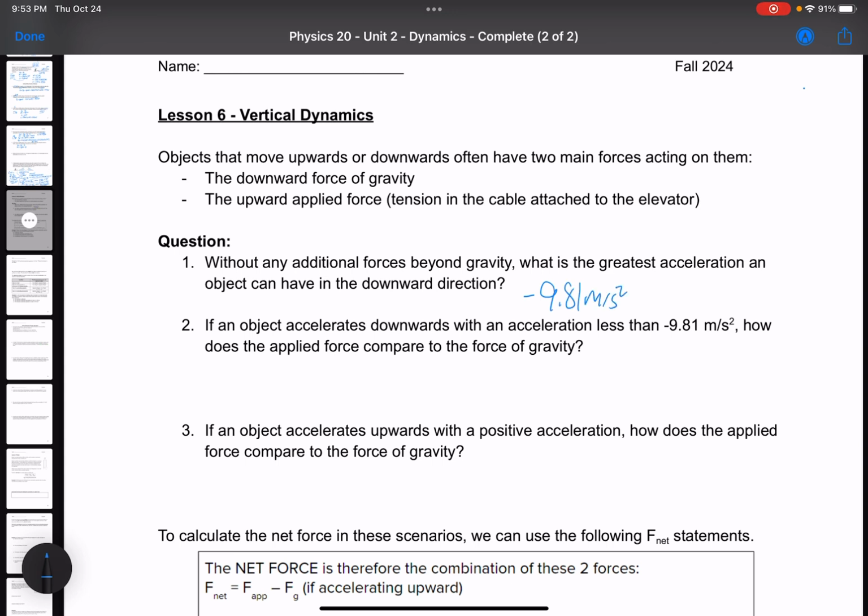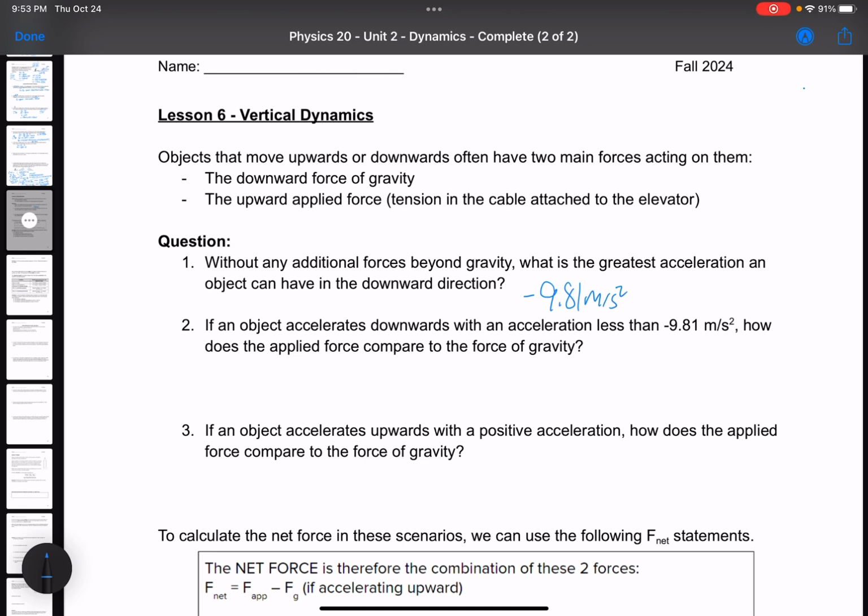Okay, now things can accelerate downwards at a greater rate than that. For example, if you were holding on to something in your hand and you move your hand downwards really, really fast, you can give it an acceleration greater than negative 9.81 meters per second squared. You could move something from point A to point B faster than if you had just dropped it.